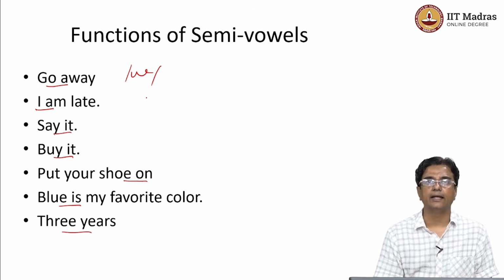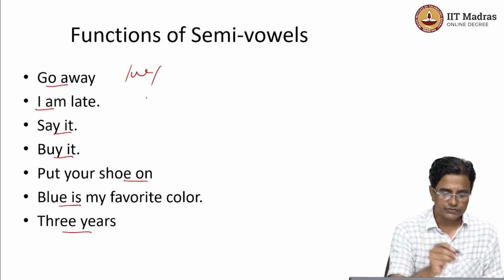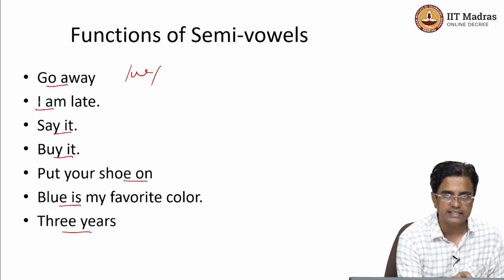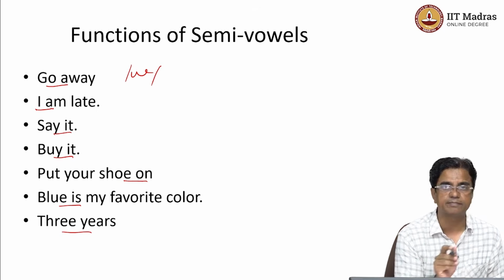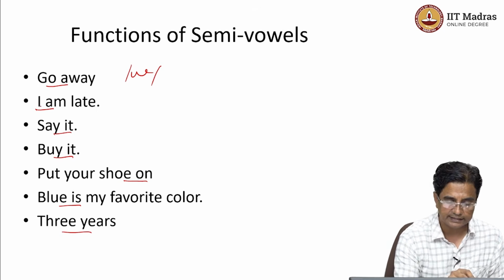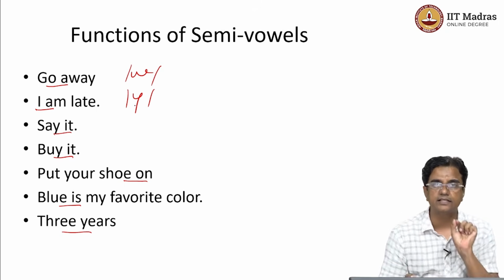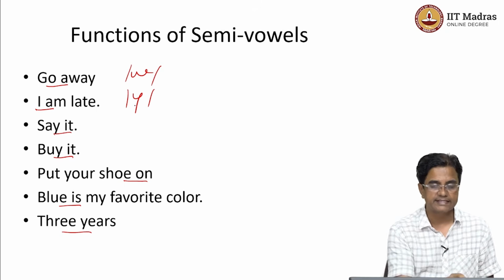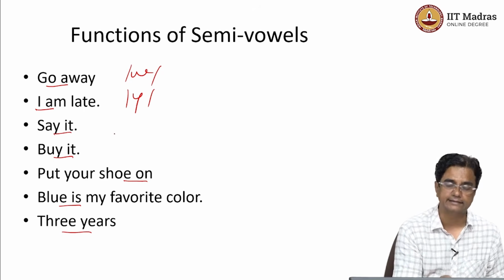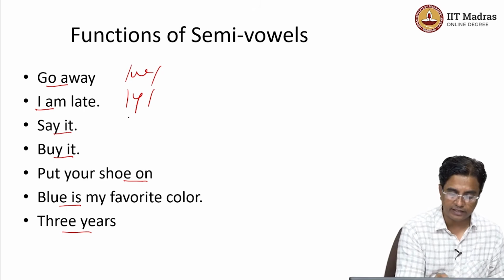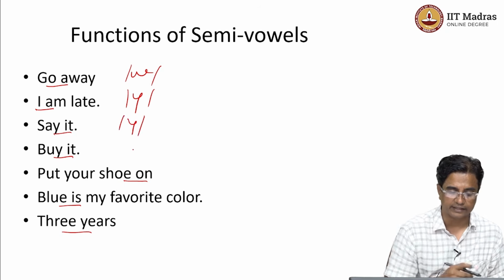I am late. I am late. So see, when we hear this in regular, fast speech, there is a ya sound between I and am. There is a ya sound in between. Say it. Say it. Before it, you have a ya sound again.